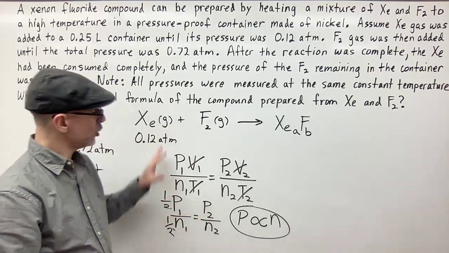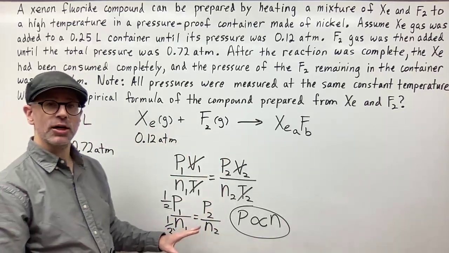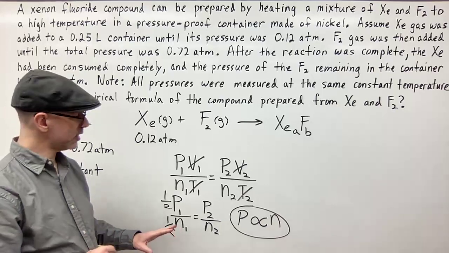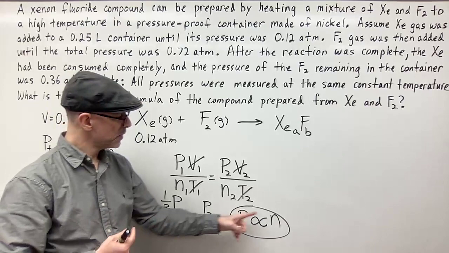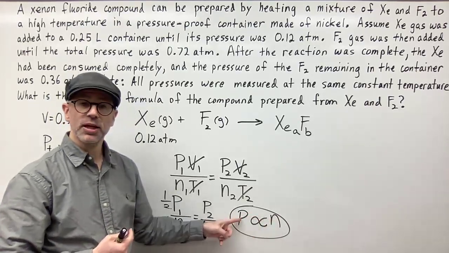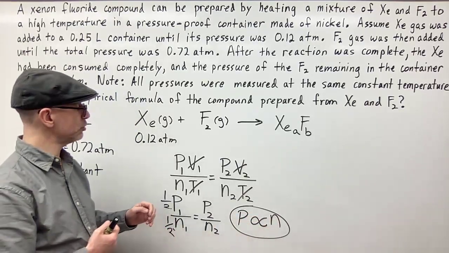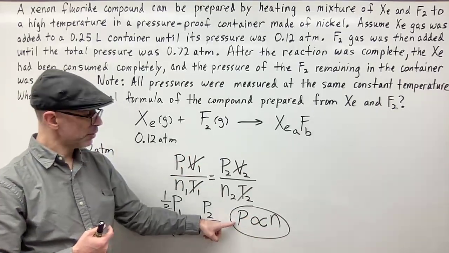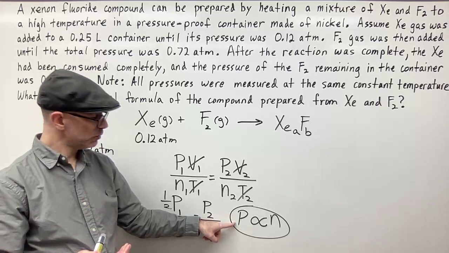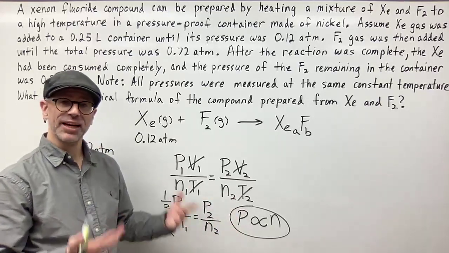But under these conditions where pressure and temperature are constant, that leads to the situation of pressure and the amount of gas being directly proportional to each other. So even though they didn't give us moles, because pressure is directly proportional to moles, we can treat pressure like moles.